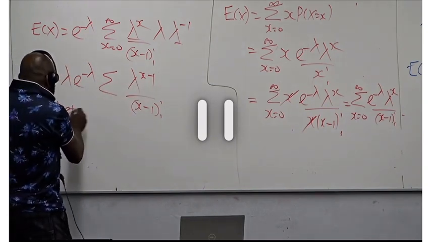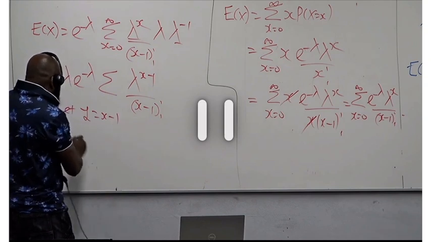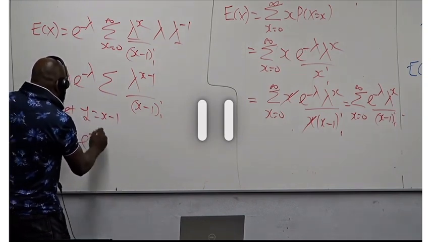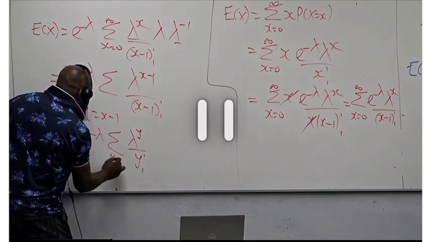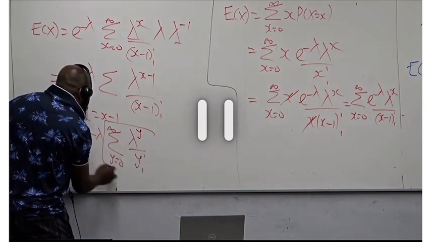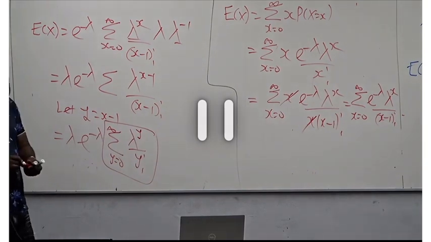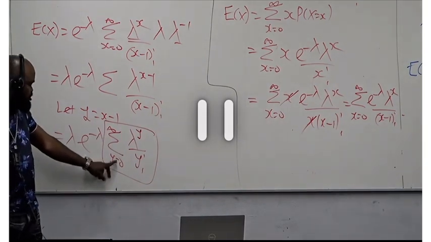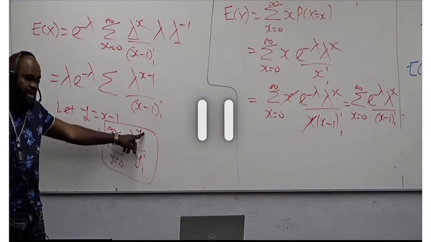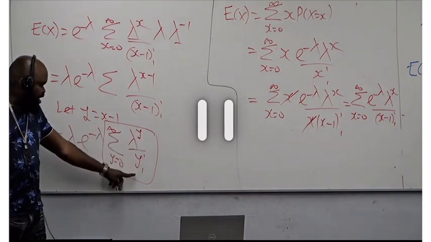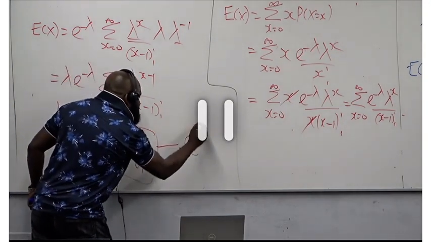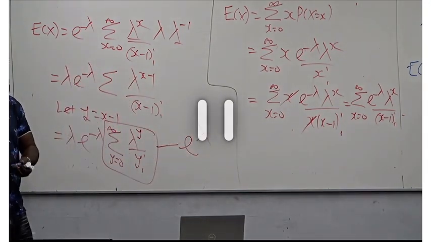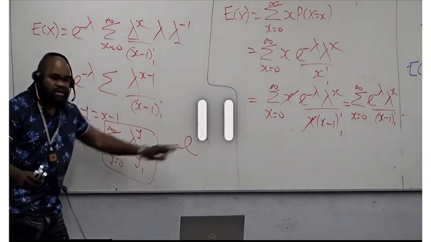If I let y be X minus 1, then I have the summation of lambda raised to the power y over y factorial, y starting from 0 to infinity. Now I need you to pay attention to this in maths. According to the Taylor or Maclaurin series, when I'm summing y from 0 to infinity, and something raised to the power y is divided by the factorial of y, this means exponential raised to the power lambda. So the whole of this is exponential raised to the power lambda.